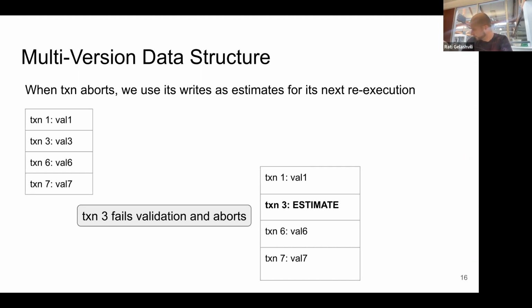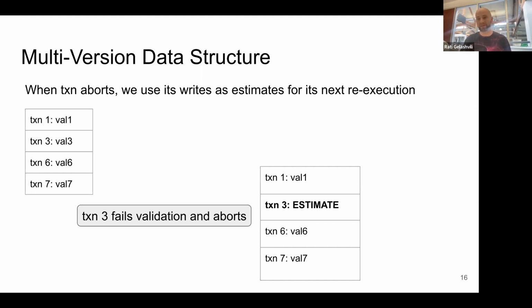Conceptually, what we are saying is: I executed this transaction from some state, and it wrote to these locations. I have to re-execute it. Let me be conservative and assume that it will still write to the same locations.